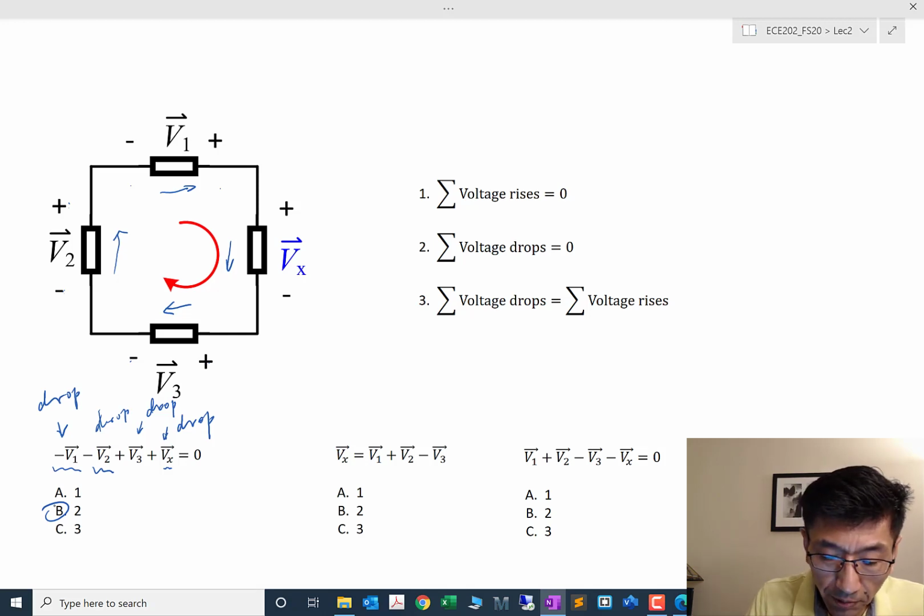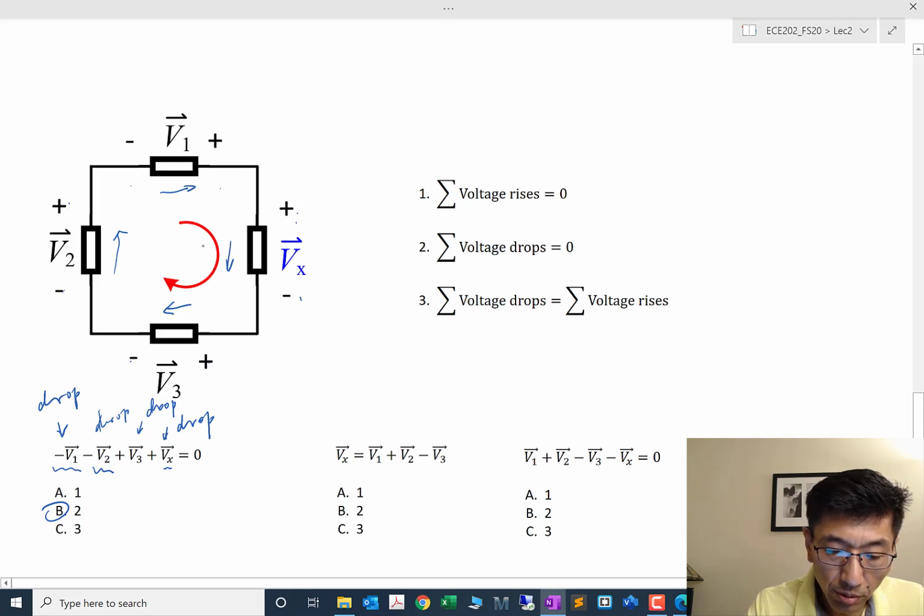Let's look at the second one. The second one here is from plus to minus. I'm still following the clockwise direction. So Vx is the voltage drop, right? And V1 here, from minus to plus, is the rise, right?